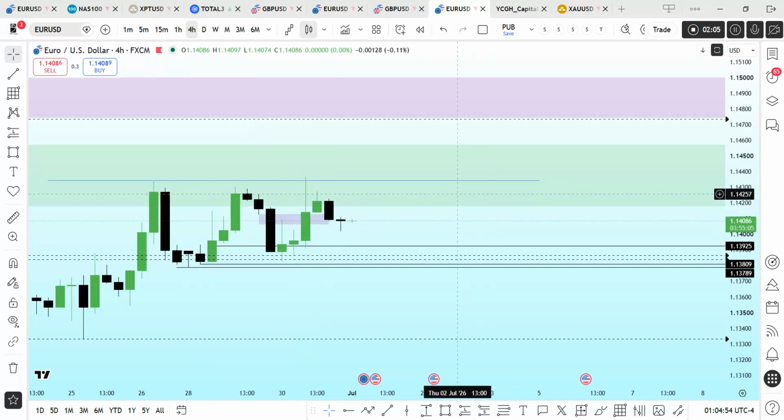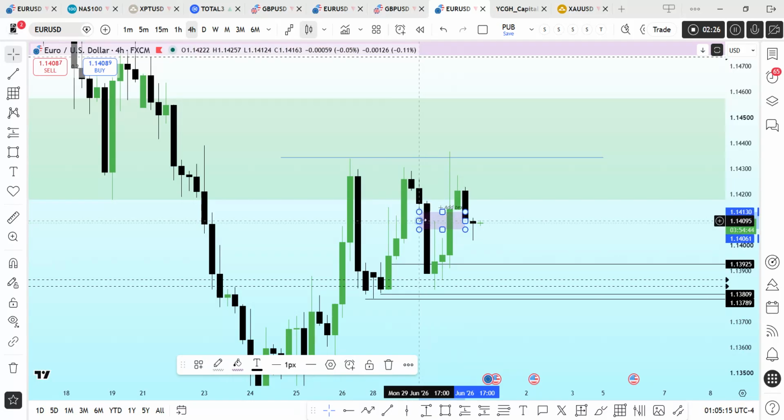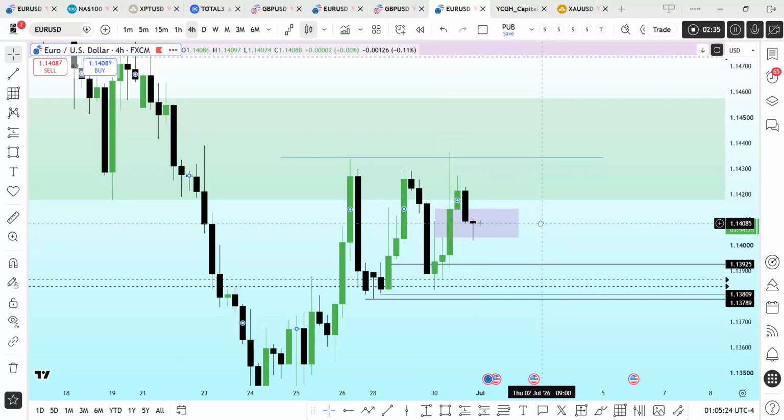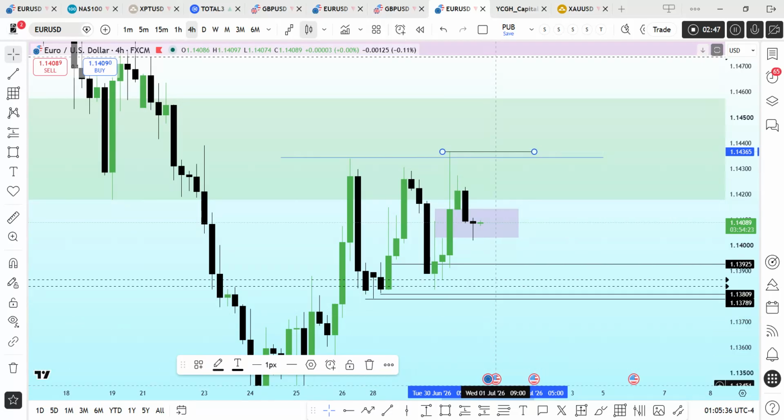Now let's figure out how price may turn bearish. As you can see, price has already tapped this 4 hour gap. I am not saying this is going to be a trade, but what I'm saying is that this gap can push price right to these highs.